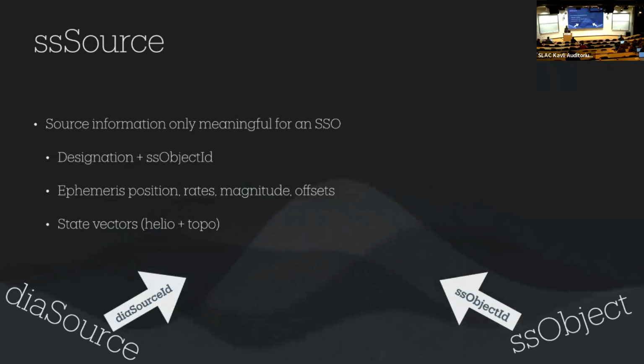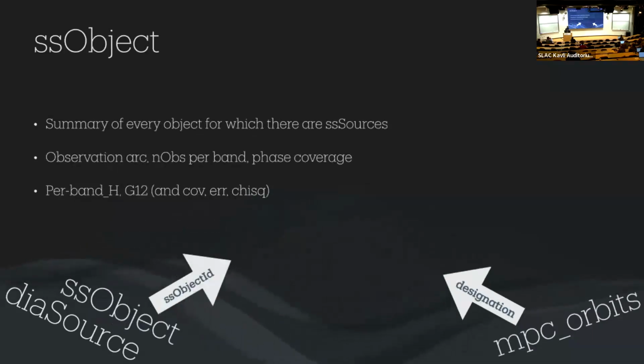So if you want astrometry or photometry, you're going to have to join dia sources and SS sources together. SS source does have the object's minor planet center designation, SS object ID, all of the ephemeris information, including positions, rates, magnitudes, offsets, and state vectors, both heliocentric and topocentric. And it can be joined to the DiaSource table with DiaSource ID, or joined to the SS object table with SS object ID.